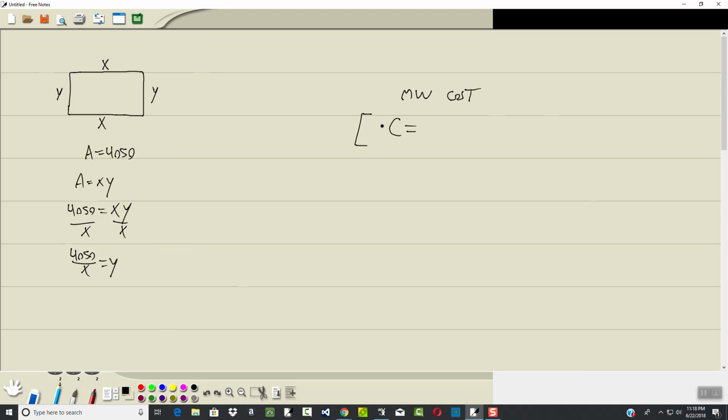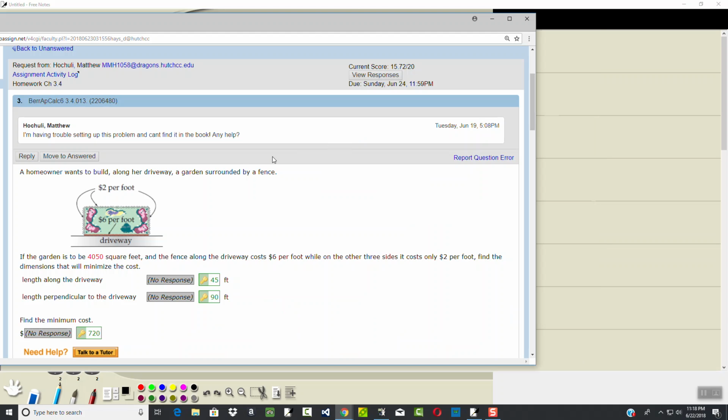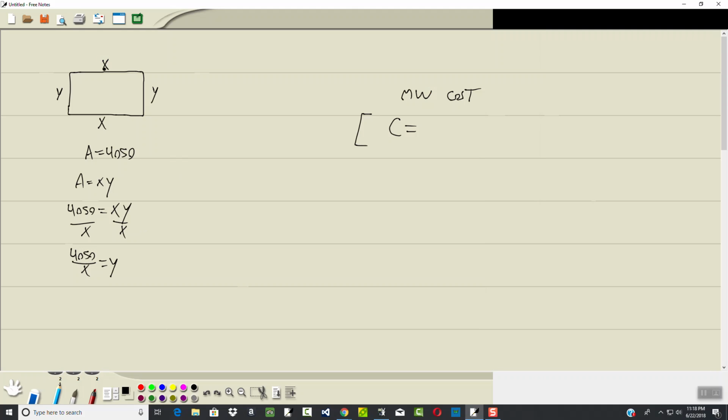Now our cost. Let's go back to the cost. $2 on this side, $2 on this side, $6 on this side. Which means for the cost, I'm going to have 2y, that's this side, 2 times y. This side's going to be $2 also, so that's 2x.